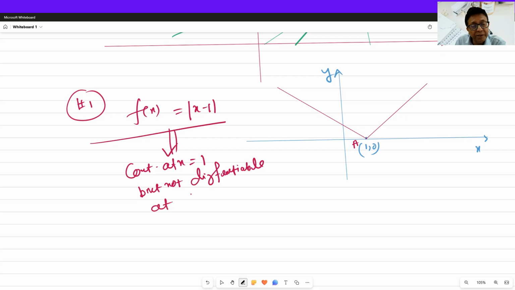Not differentiable at x equal to 1. It can't be differentiable there. This is true for all mod functions. For mod x, you see the graph. This is for mod x. It is not differentiable at x equal to 0.